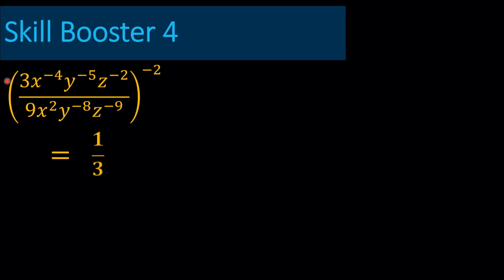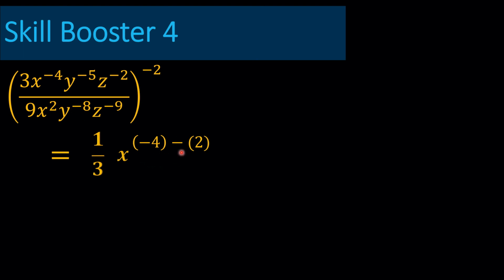And then you look at the next factor, x to the power of negative 4 on the numerator and x squared on the denominator. They have the same base, so we can apply the quotient of powers. We copy the base and then subtract the exponents. When we say subtract, that is the numerator's exponent subtracted by the denominator's exponent. So you will have negative 4 minus 2.